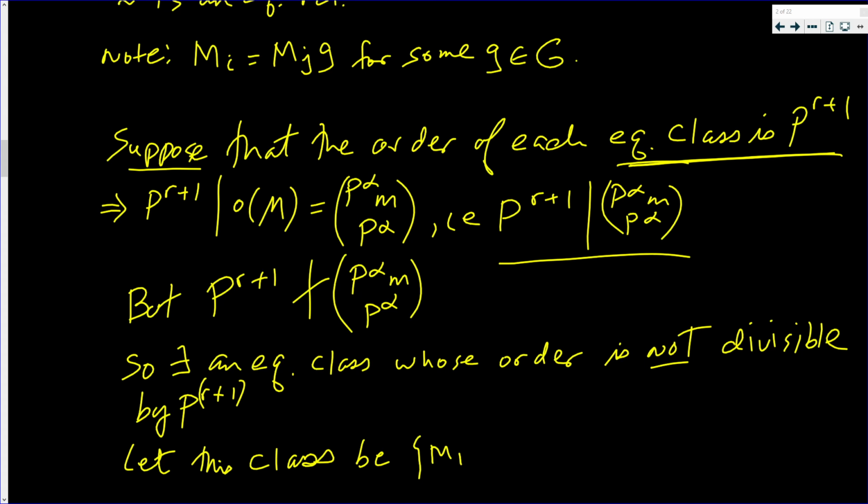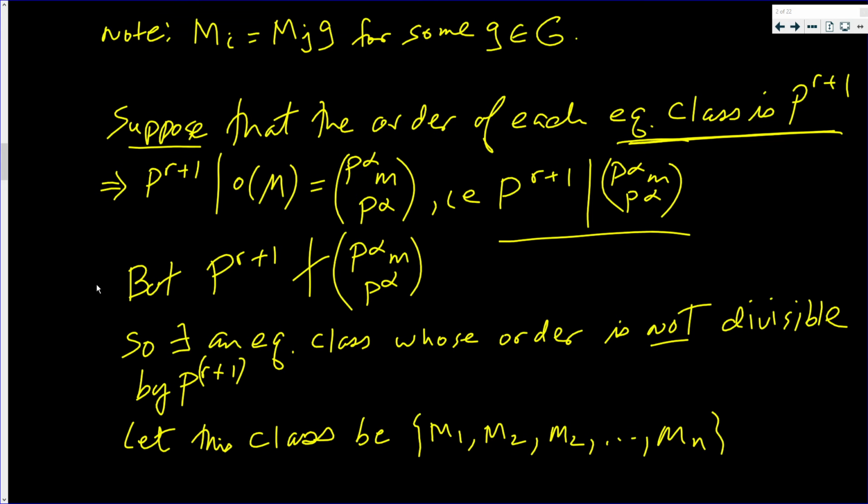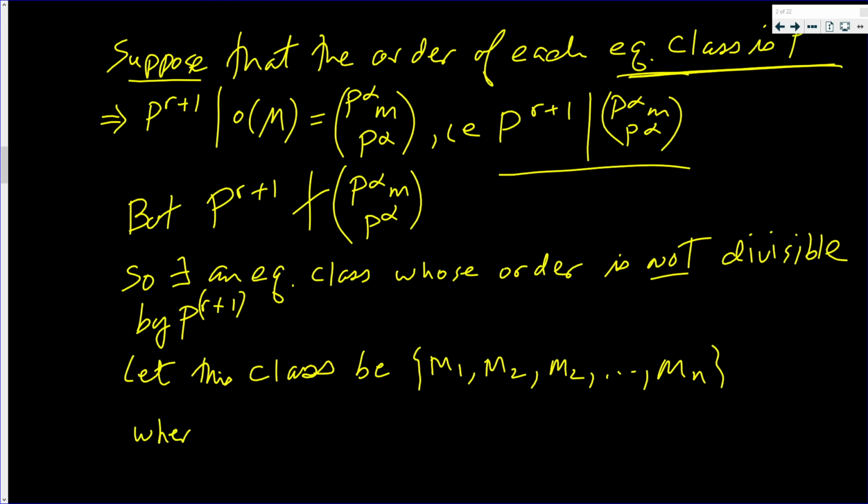Remember, we have an equivalent relation, and that partitions this set of elements in M into equivalent classes. And they don't have to be the same size. So we have M1, M2, say up to Mn, where p to the r plus 1 no way divides the order of this group. It has 1, 2, 3, n elements. P to the r plus 1 does not divide n.